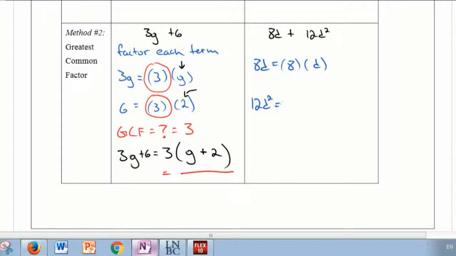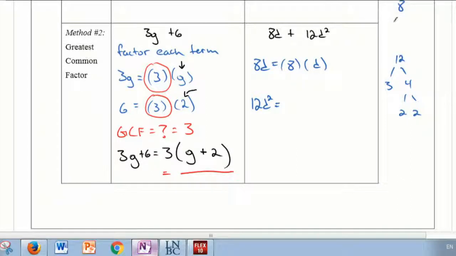And then 12d squared is maybe a bit trickier. I need to think of the prime factorization of 12. You could write a factor tree over here if you wanted. You could go 3 times 4, and 4 is 2 and 2. You don't have to if you can just look at it and say, okay, 2 times 2 is 4 times 3 is 12.